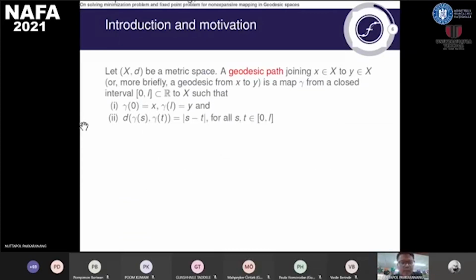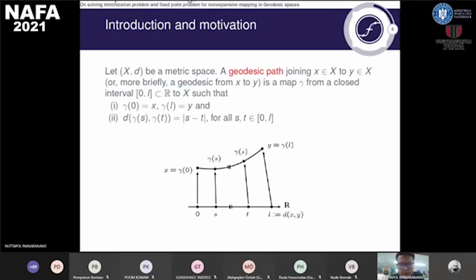Next, I will talk about the definition of a geodesic path. A geodesic path joining x and y in X, briefly, a geodesic from x to y, is a map gamma from a closed interval [0, L], a subset of R, to X that satisfies two conditions. This is the figure for this definition.